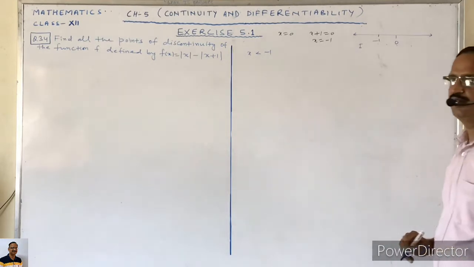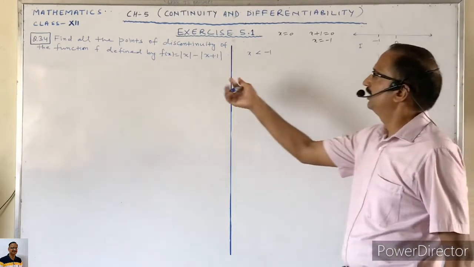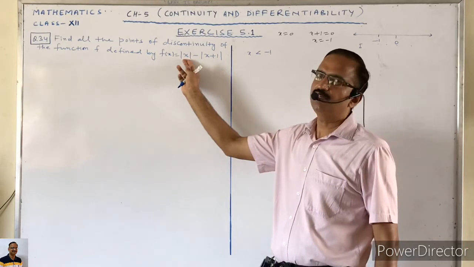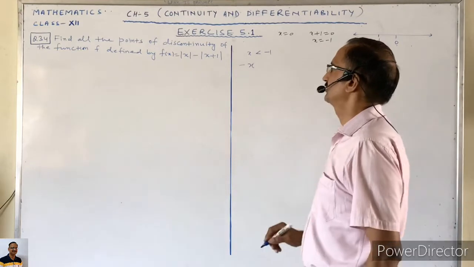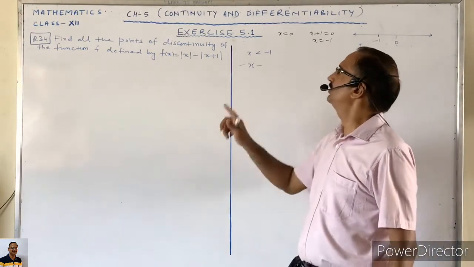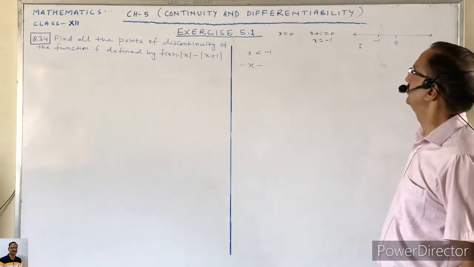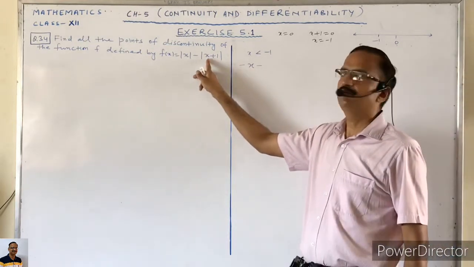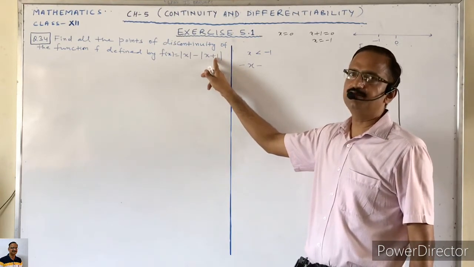So when x is less than -1, it means in place of this x, if we put a number less than -1, like -2 or -3, this will be negative. It means -x. Now this is the minus sign. When we put -2, then -2 + 1 becomes -1.